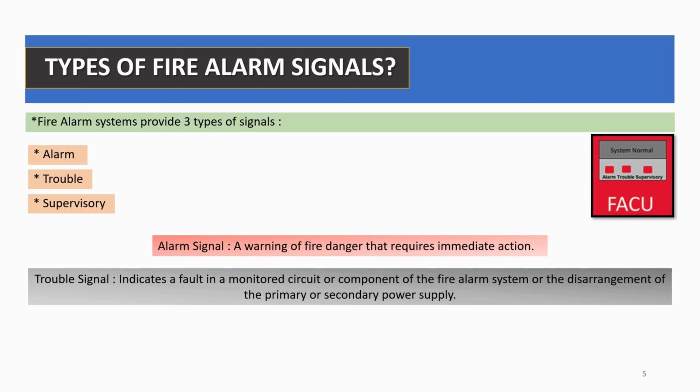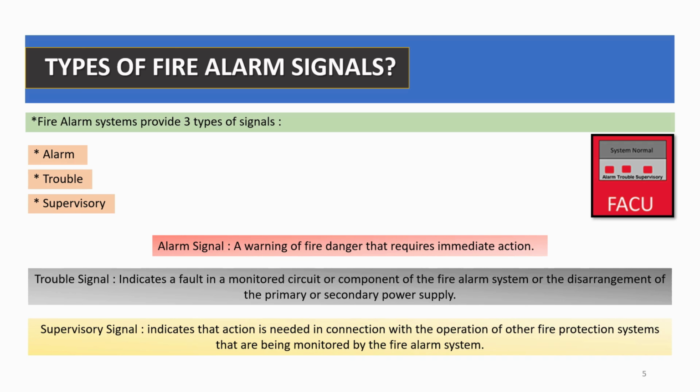And the third signal will be the supervisory signal. This signal indicates that action is needed in connection with the operation of other fire protection systems that are being monitored by the fire alarm system. In short, for example, in a particular building we have a sprinkler system installed, and the flow switches and the tamper switches are installed on the valves and the piping network of the sprinkler system.